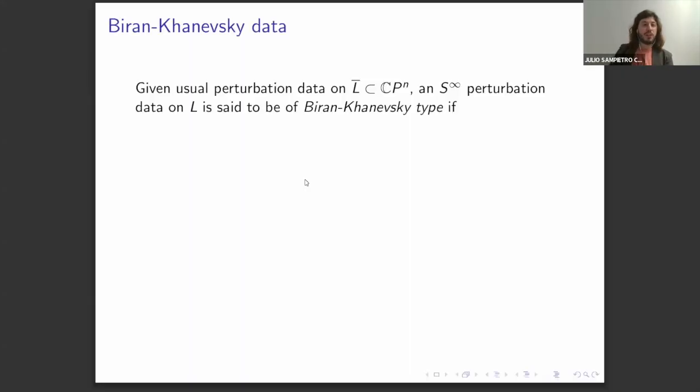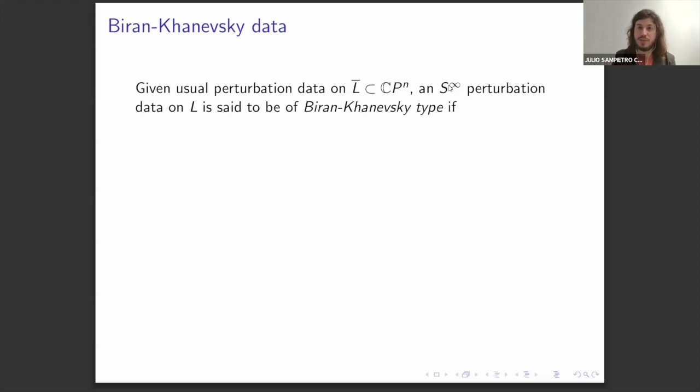We're going to consider a special class of perturbation data called Biran-Khanevsky data. If I start with a regular perturbation data, when I say like usual, I mean for quantum cohomology downstairs, so the reduction is going to be monotone, and I can consider the quantum cohomology.